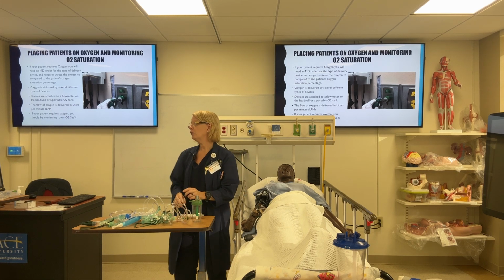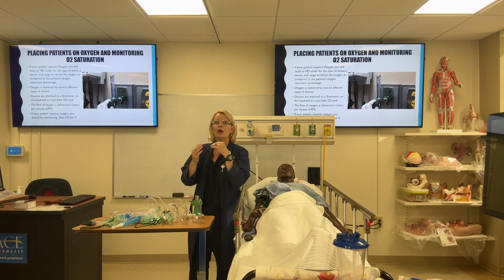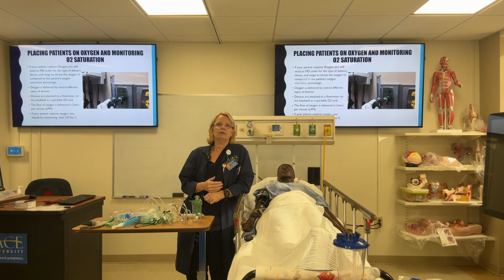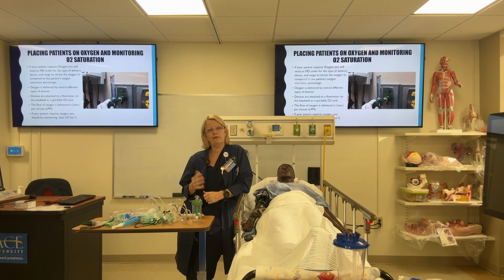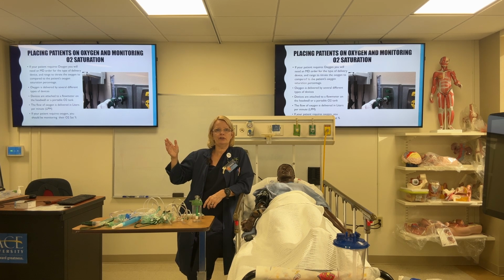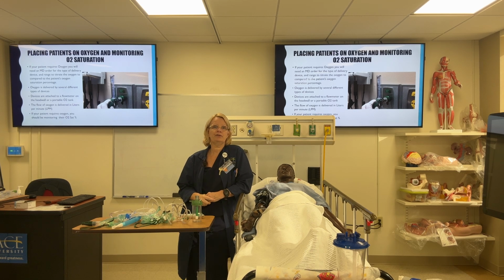Okay, so in terms of oxygen, again, like I said, we're measuring it in either liters per minute or in percentage of oxygen. So think about how much percentage of oxygen we breathe in the air, in room air. Go back to your high school days or your middle school days, when you learned about the percentages of gases in the atmosphere.